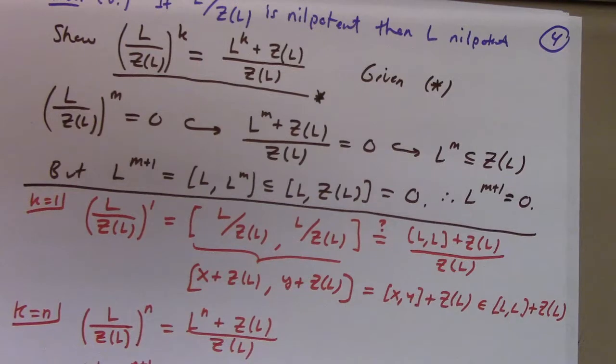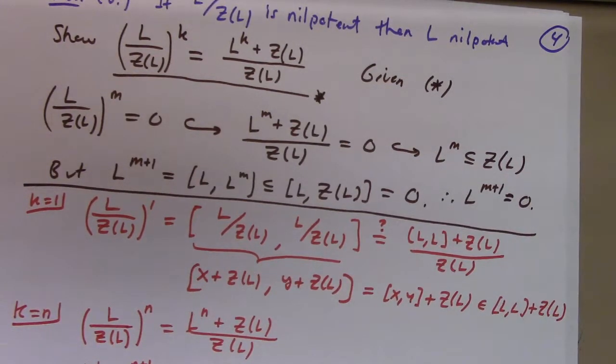All right. Remark: the analog of lemma 4.4b does not hold. If I is an ideal of a Lie algebra, it is possible that both L mod I and I are nilpotent, but L is not. So in other words, it's important that we mod it by the center. Not just any ideal will do.